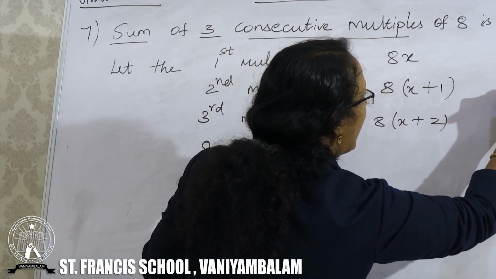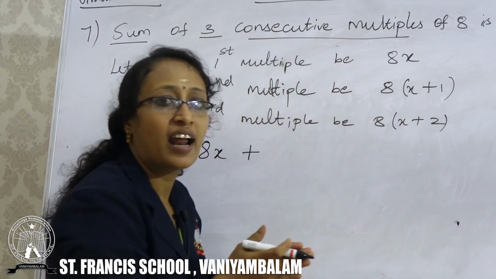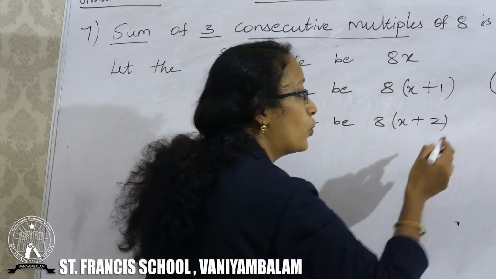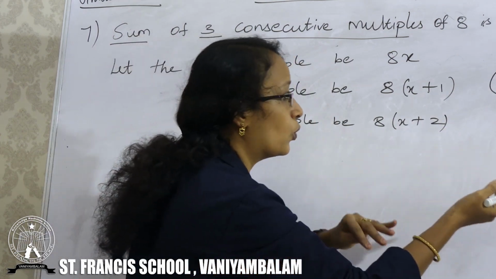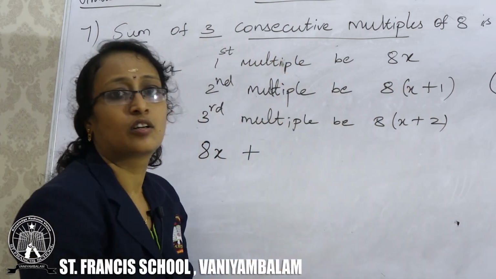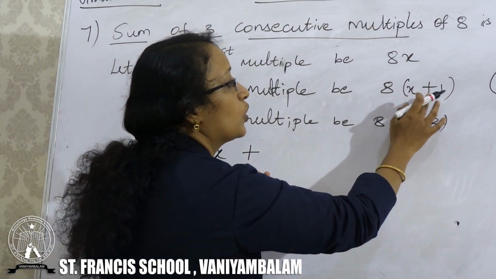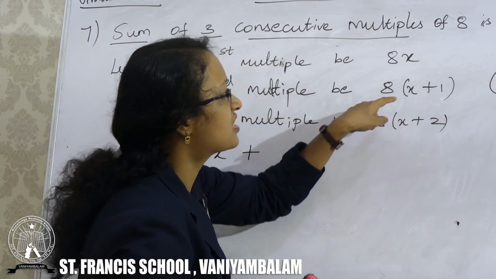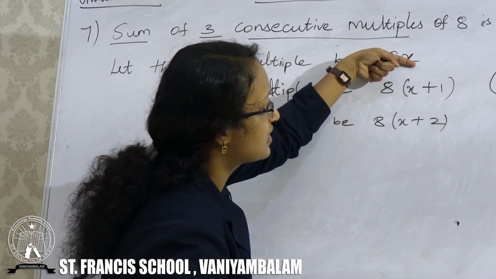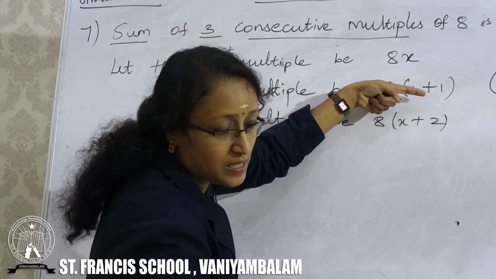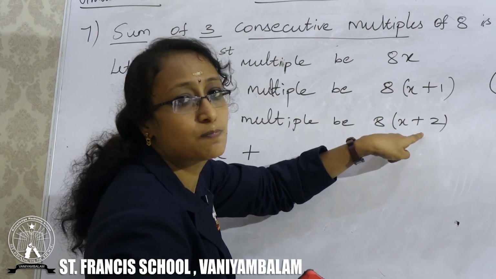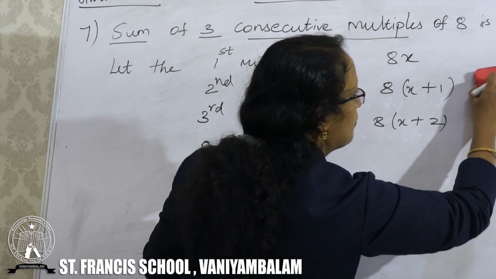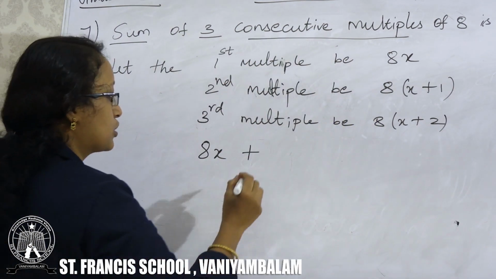You should not write 8x plus 1. If you write 8x plus 1, it means this 8 is multiplied only with x, not with 1. So you have to write 8 into x plus 1. The other is wrong. Next, consecutive: one is x and the next is x plus 1. What will be the third one? x plus 2. The third multiple is 8 into x plus 2.